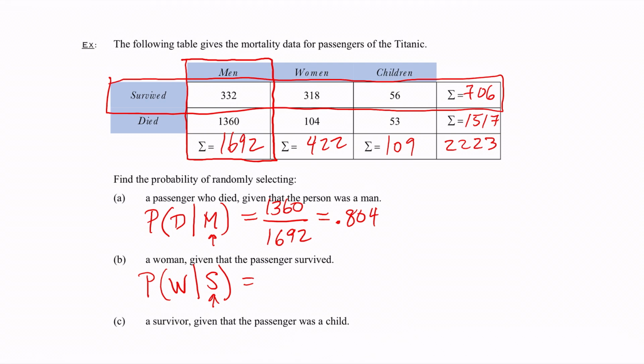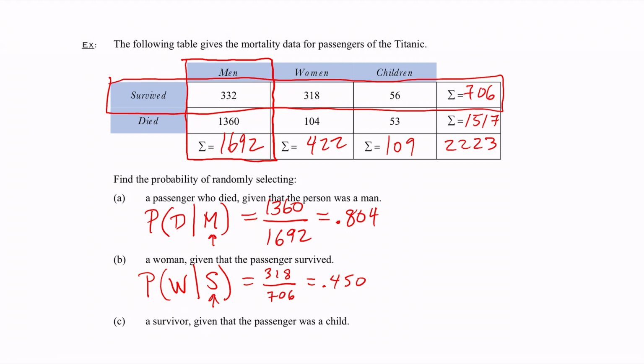Again, that conditioning event means we're going to focus on only that portion of the table. And so looking at that portion of the table, we see that there were 318 women that survived out of a total of 706, which gives us about 0.450.